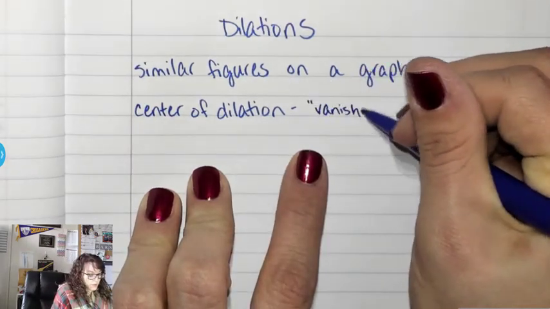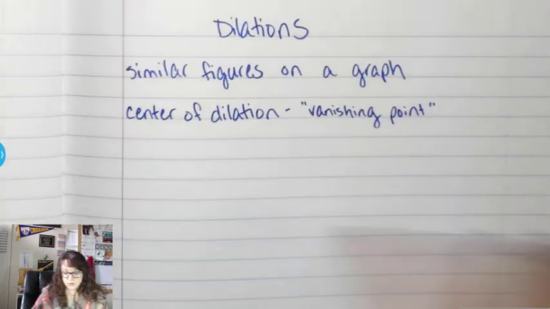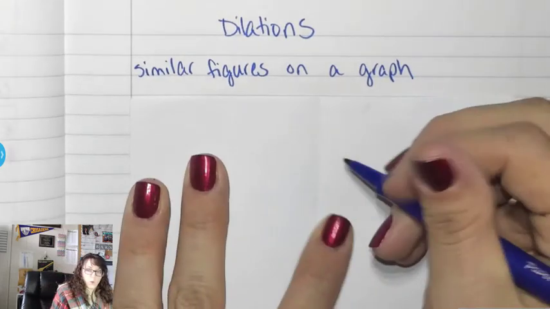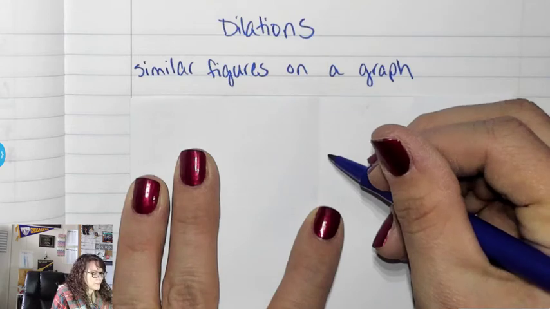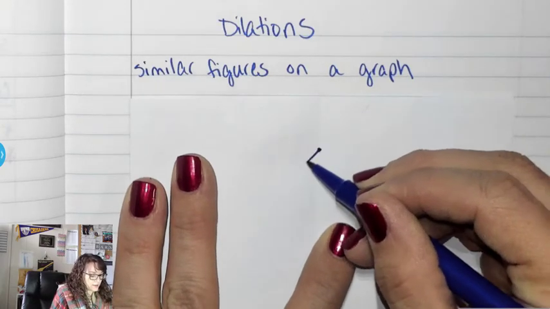And for those that don't know what that means, for my non-art people, the vanishing point, you don't have to write this down. So when you draw, there's always really popular ones, like the street that disappears into the horizon.